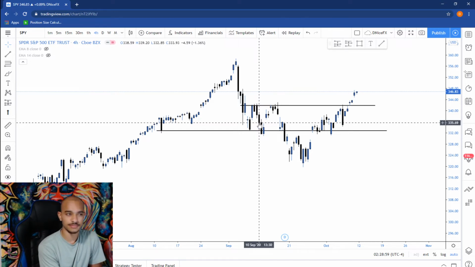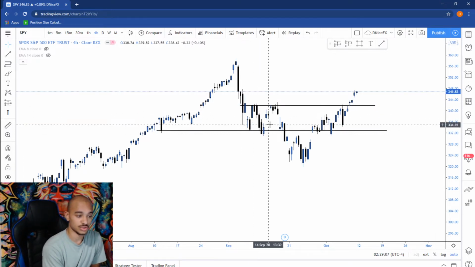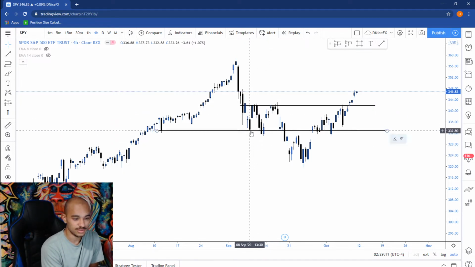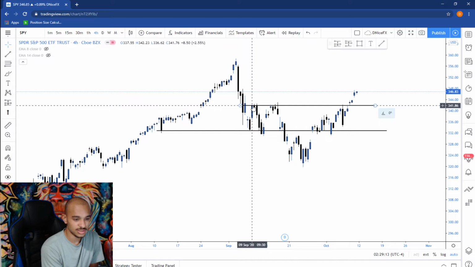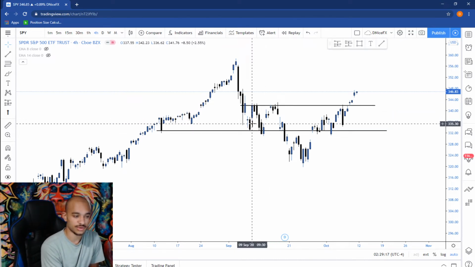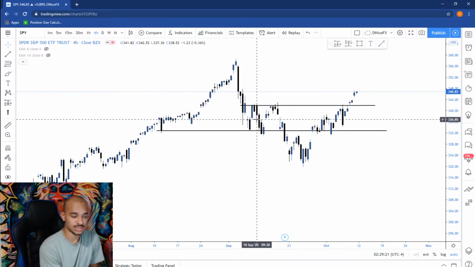I do at least 2 weeks, but preferably a month, just to give it time, because it could start consolidating before pushing up from there. So you could do a month out, and that's about a $9 difference. If your strike was 335 and it went to 341, that's a $6 difference.